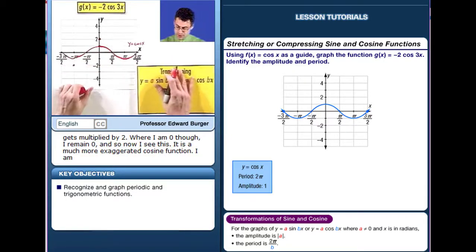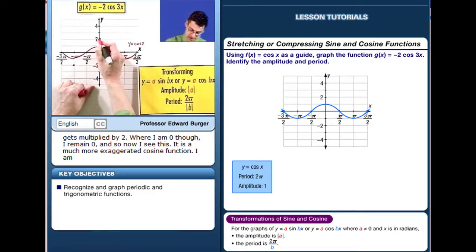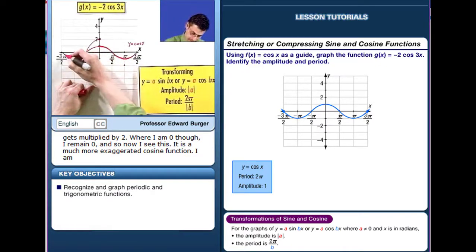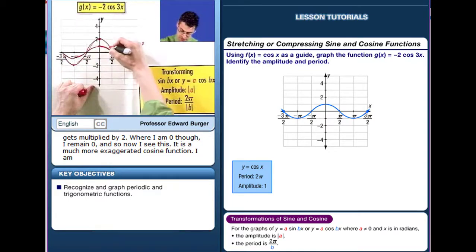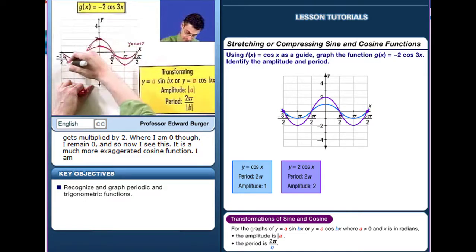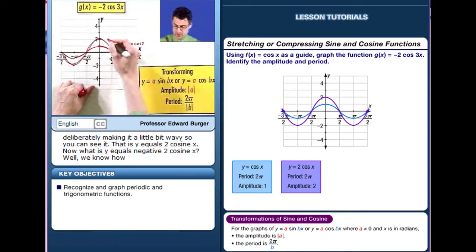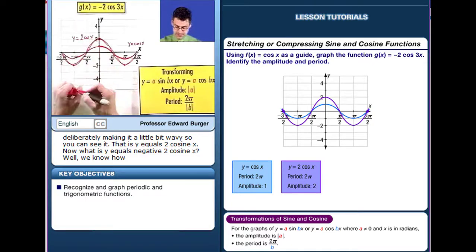Everything gets multiplied by 2. Where it's 0, though, it remains 0. And so now I see this. It's much more exaggerated. It's an exaggerated cosine function. I'm making it deliberately a little bit wavy so you can see it. That is y equals 2 cosine x.